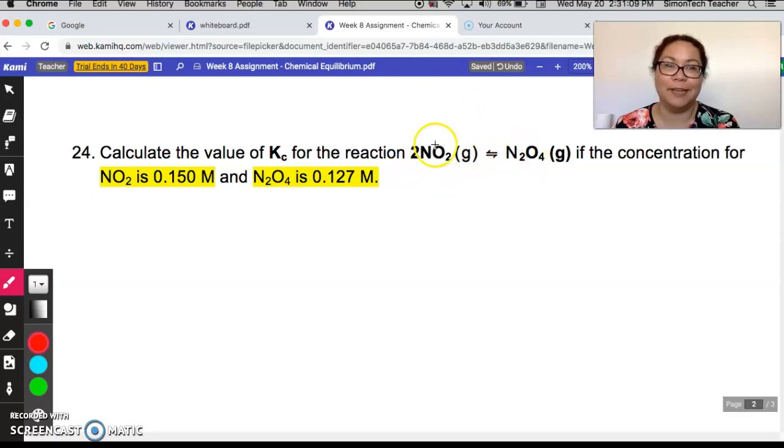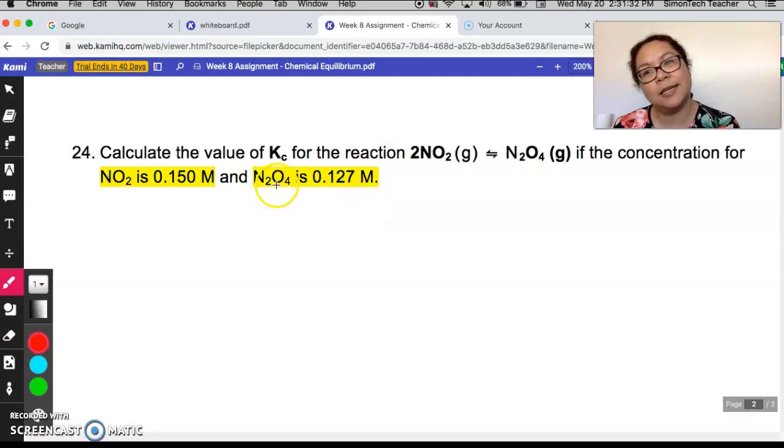So calculate the equilibrium constant for this chemical reaction if the concentration of NO2 is 0.150 molar and N2O4 is 0.127 molarity.